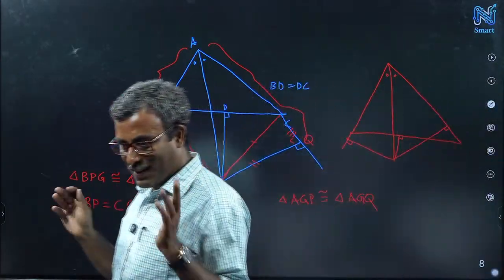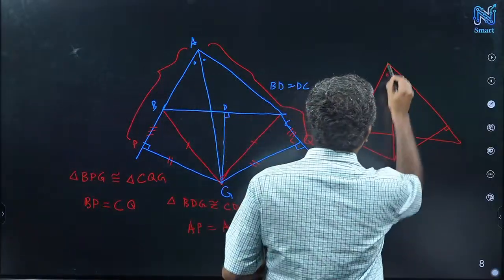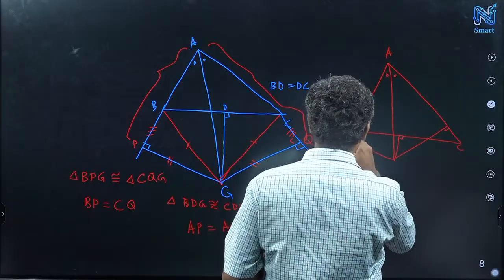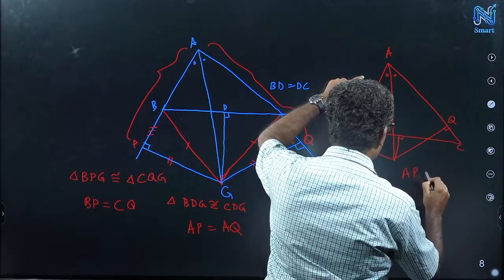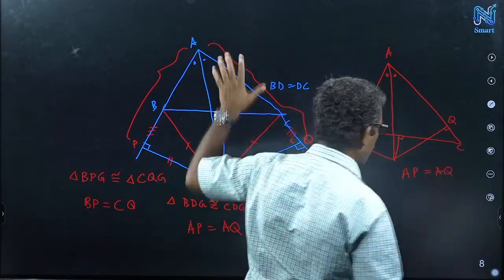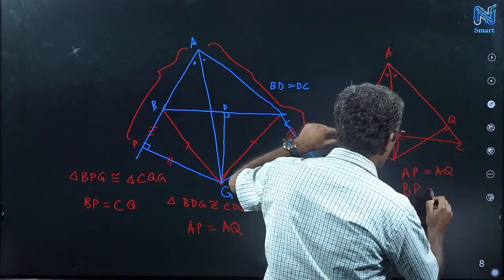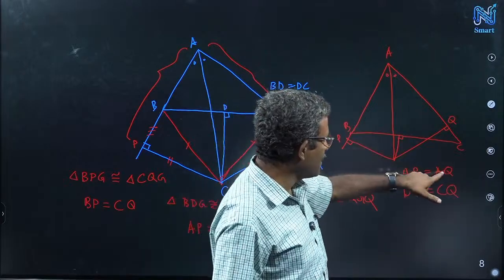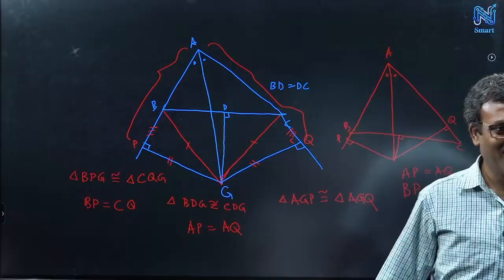Now you can't add, or you can't subtract. Basically, say this is A, B, C, and say this is P, Q. Then AP is equal to AQ. This is correct because the proof is correct. And BP equals CQ, that is also correct. But your AC is this plus this, and your AB is this minus this. So that cannot be equal.